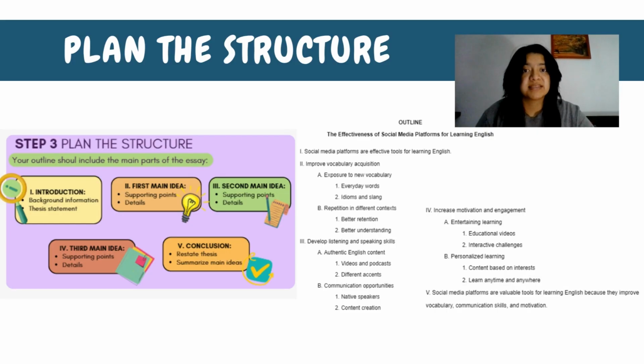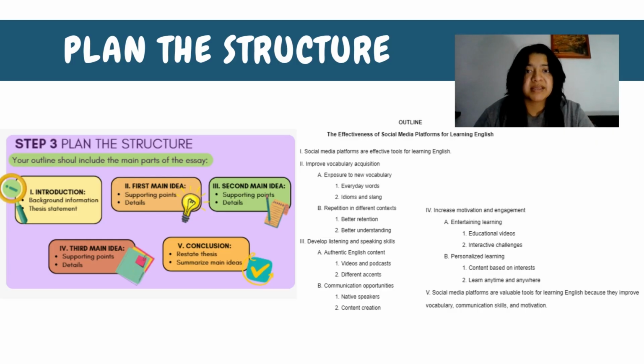We apply this step to our outline by following the same structure. In the introduction, we include our topic and thesis statement. Then we organize the body into three main ideas: improving vocabulary, developing listening and speaking skills, and increasing motivation and engagement.